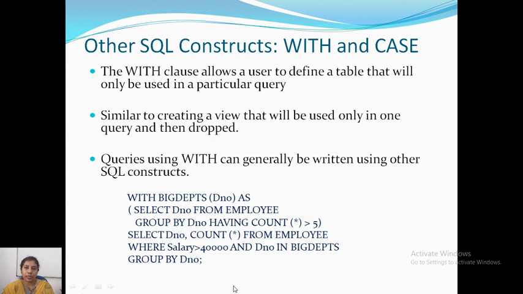For example, here we are writing the big departments. Big departments means where number of employees are more than 5. So this is the temporary table and this big departments will be used in the query. See here I am terminating this query after this statement. That means this is part of the entire query.